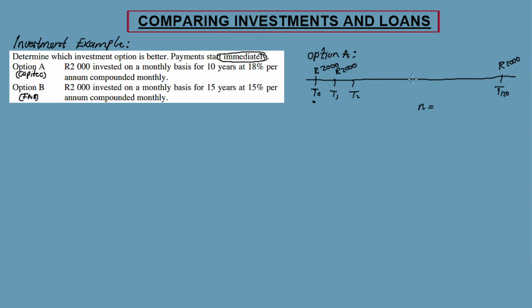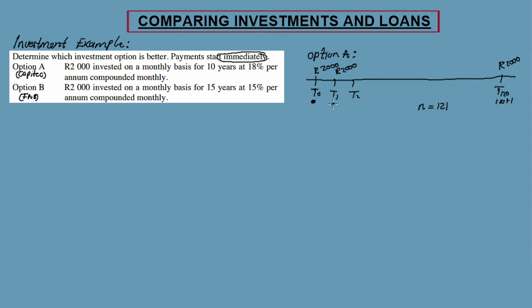The problem assumes you put in money monthly, you don't skip a month, right? So the value for n will be equal to 121 because we started immediately. If I start counting from 0, I need to add the 1 to the 120. So 120 plus 1 is 121.